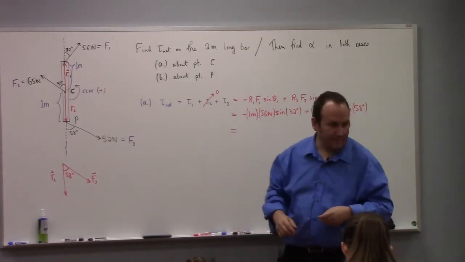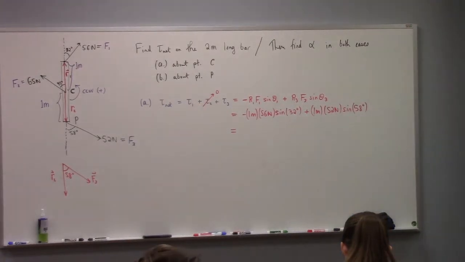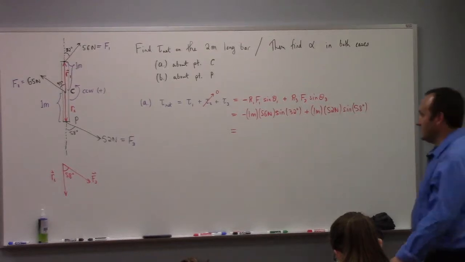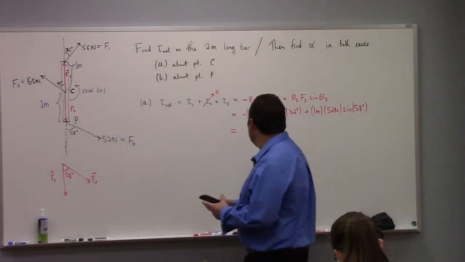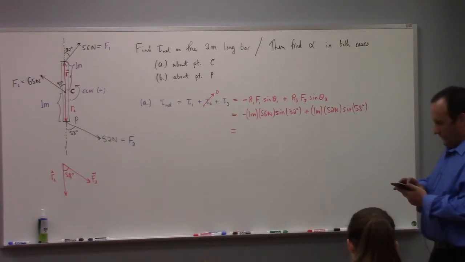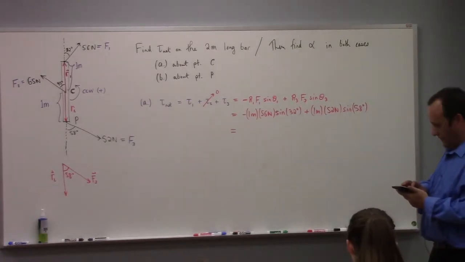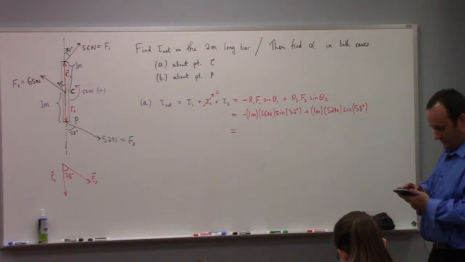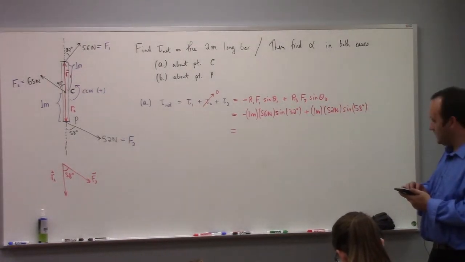By the way, to answer my made-up question, we're going to have to give a mass to the rod. Without a mass, I can't answer my question, except symbolically. Nothing against that, but I wasn't looking to be symbolic for my question. All right, what do we got here? 52 times sine of 58.